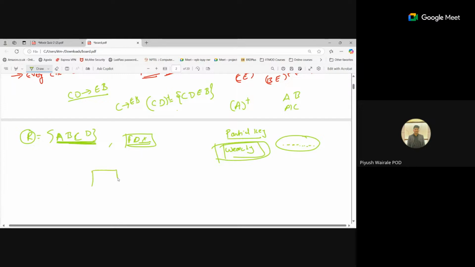Suppose we have this strong entity and this weak entity. Suppose you are applying for, let's say, a loan. You are taking a loan from the bank, so all your information will be there in this particular table. But this entity will be your nominee.